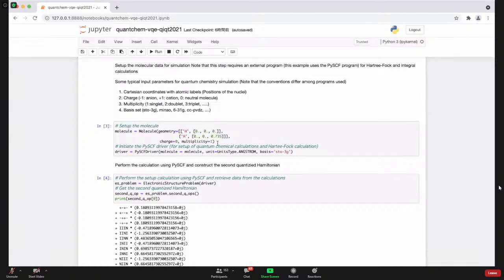Multiplicity is 1, so 1 is singlet. So we're solving a singlet state, but we could also calculate doublets and triplets if you want. And here, we need to set the basis sets. Maybe you're not familiar with the names, but there are a lot of basis sets you can choose. Here we're using STO-3G, which is a relatively small basis set.